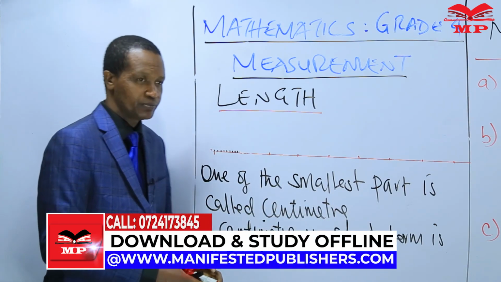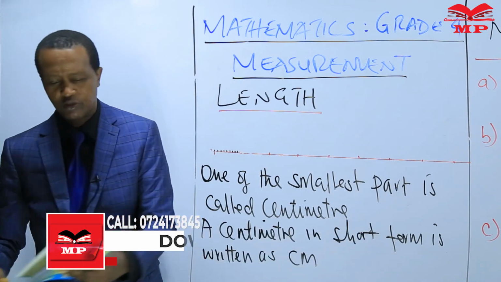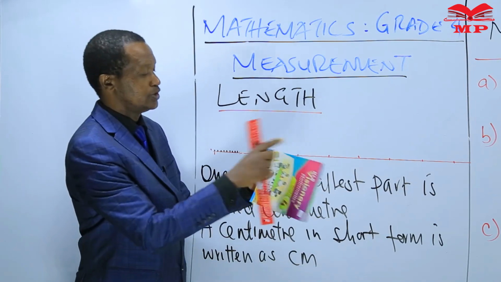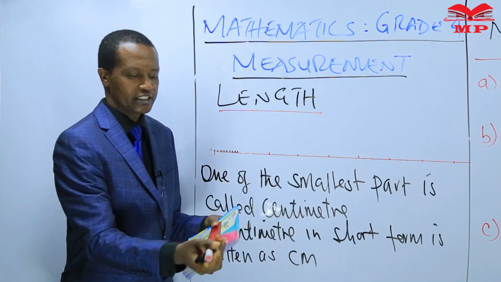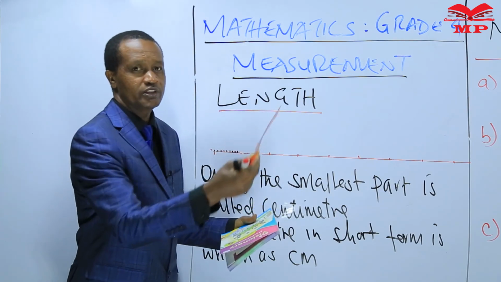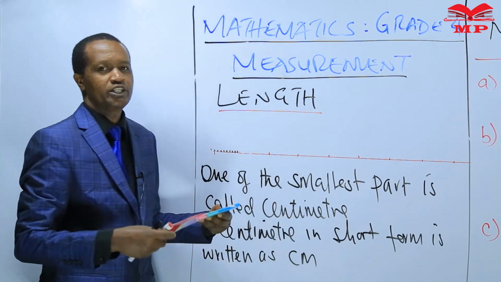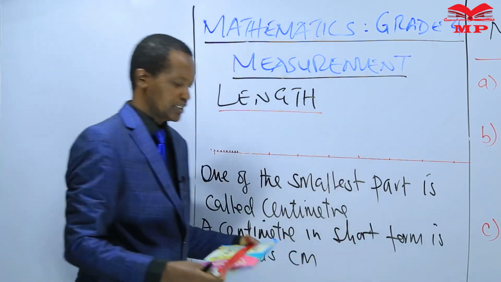I also took time to measure some objects. I measured the length of the learner's book from this point to this point using the 30 centimeter ruler, because we say that a 30 centimeter ruler is used to measure length in centimeters.